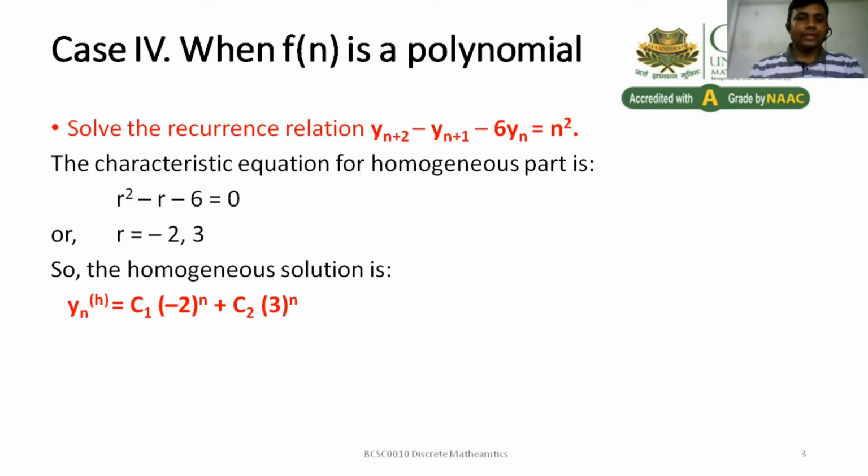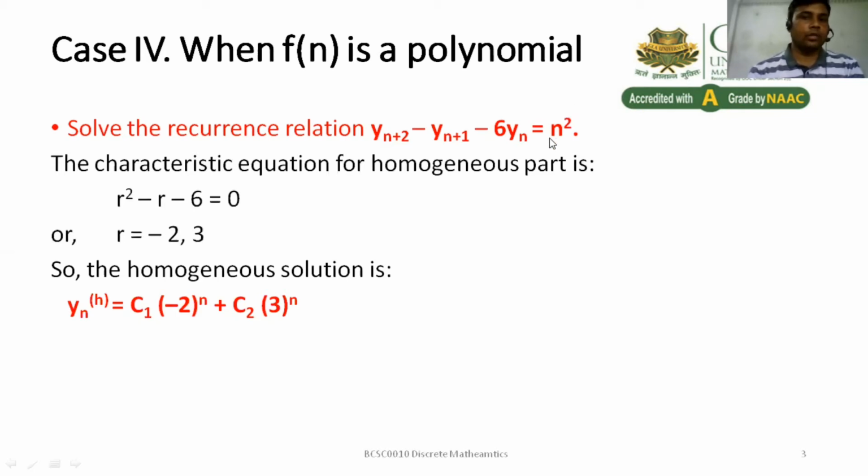Next, we have to find its particular solution. In this given non-homogeneous recurrence relation, the non-homogeneous part is a polynomial of degree 2, since n square can also be written as n square plus 0n plus 0.